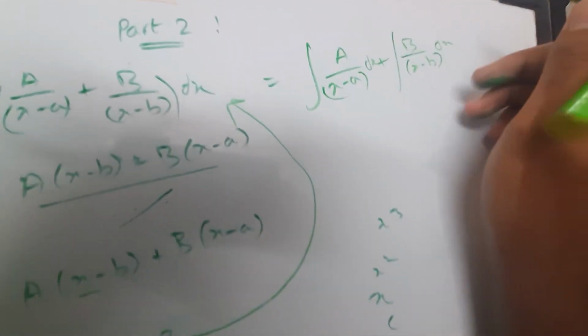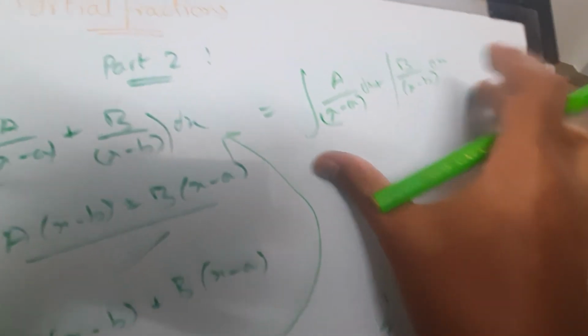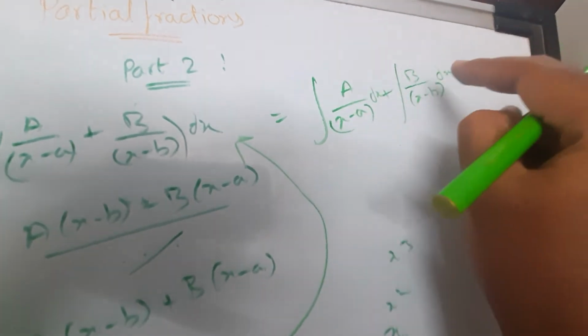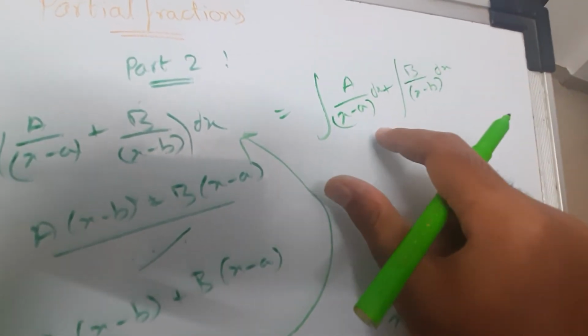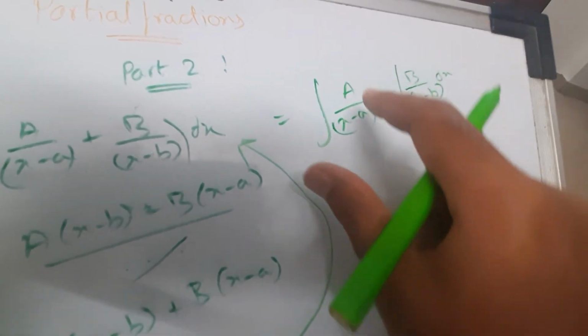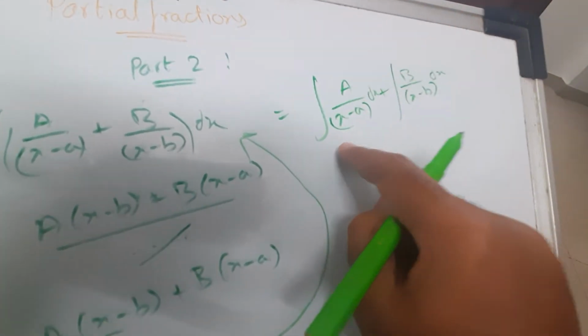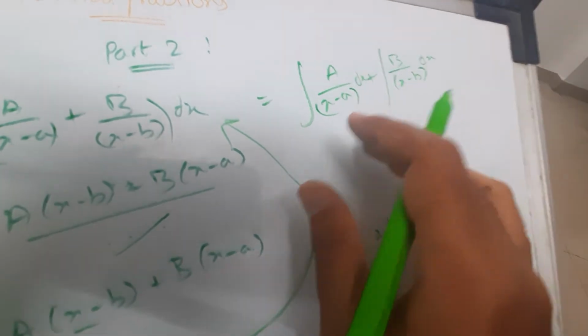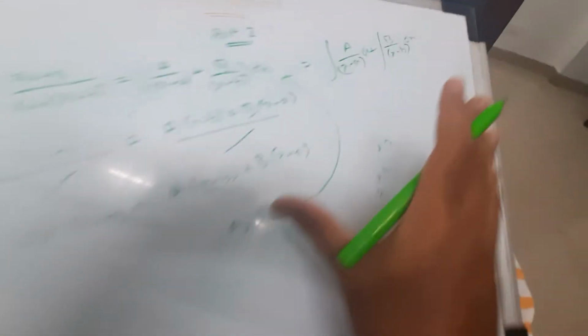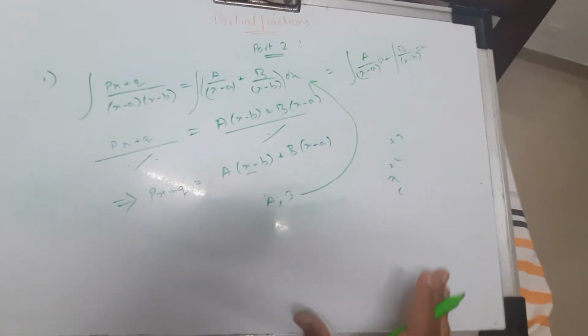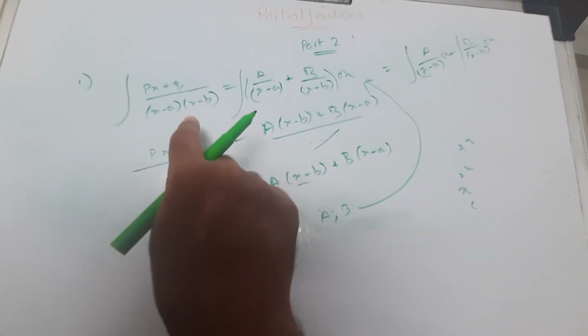Since you already know the values for A and B, and they're always constants, you send the constants out, and you'll get 1 by (x - a) and so on, and you can use the formulas to complete the integration. So basically that's how you do it. This is for type 1 of this kind of function.